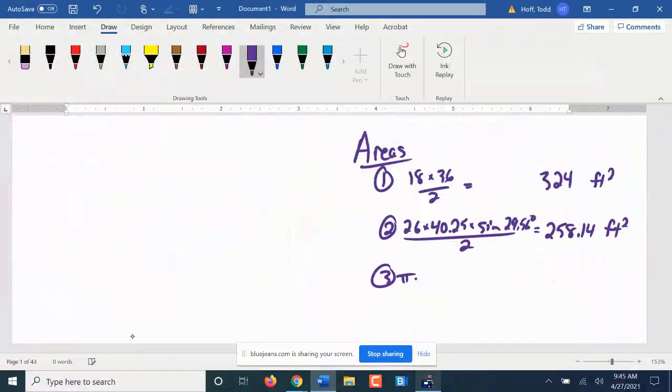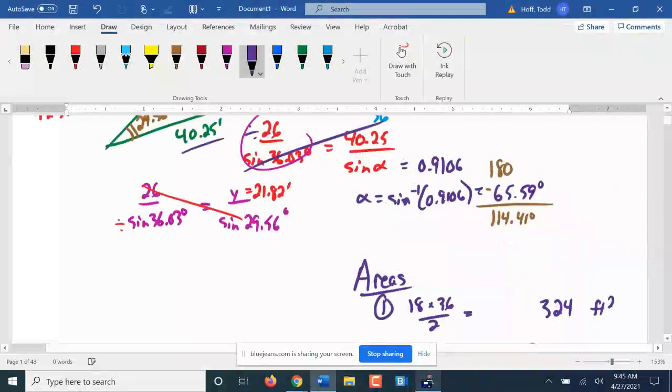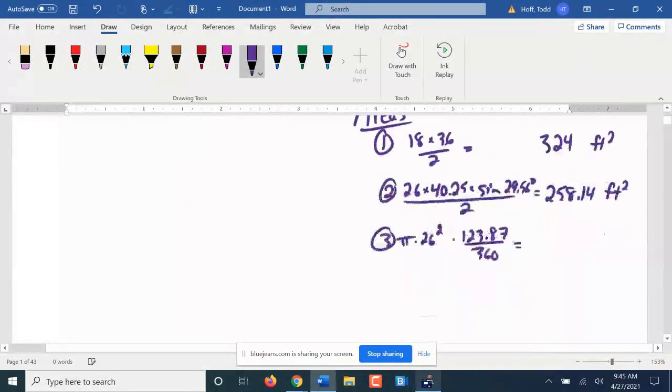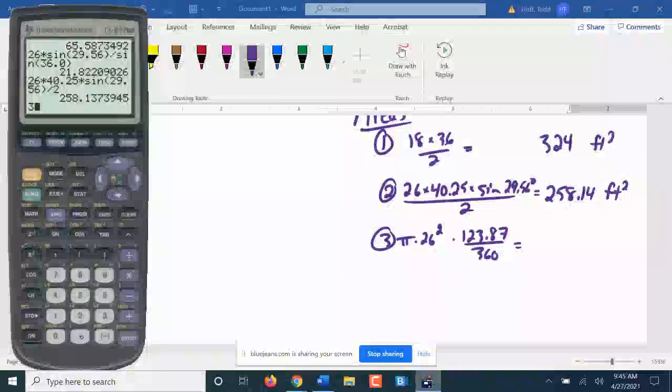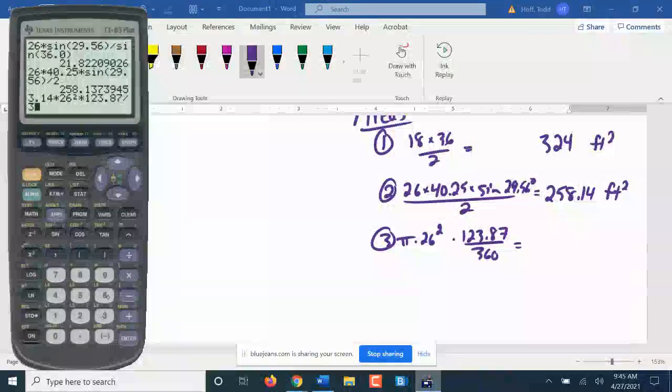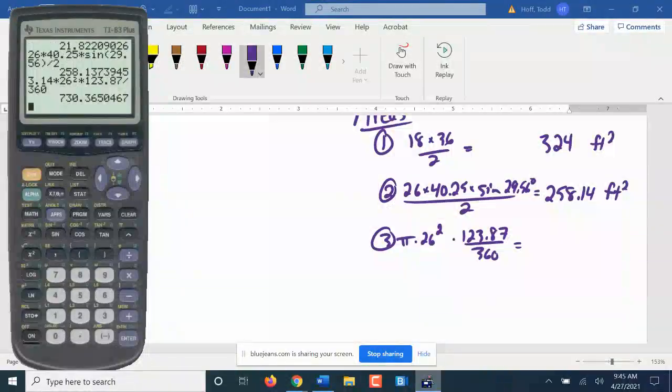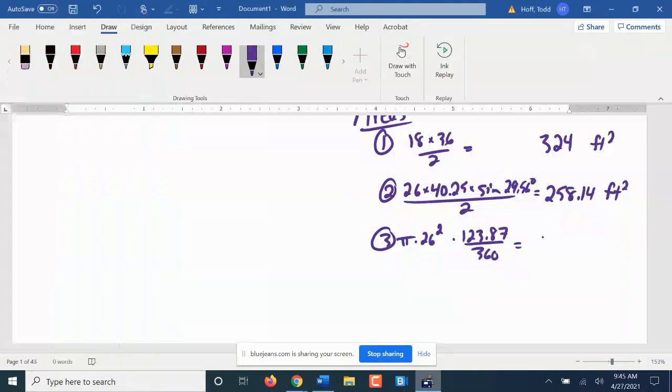That's pi times 26 squared times 123.87 over 360. 3.14 times 26 squared times 123.87 divided by 360. It's 730.37 square feet. So I'm going to add all those up.